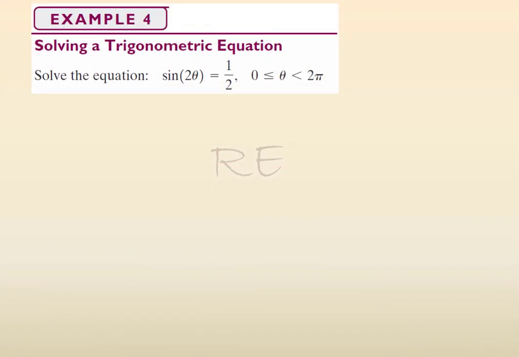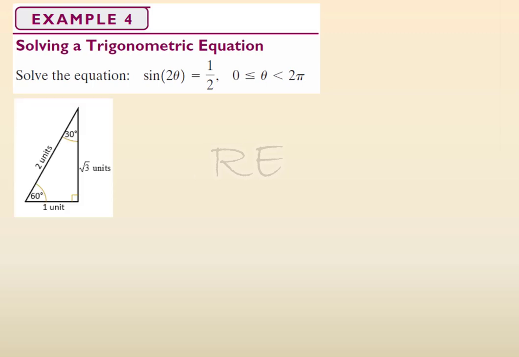Consider the equation sine 2 theta is equal to 1/2, and theta is located between 0 and 2 pi. Sine 2 theta is equal to 1/2 means that 2 theta will be equal to the arc whose sine is 1/2.